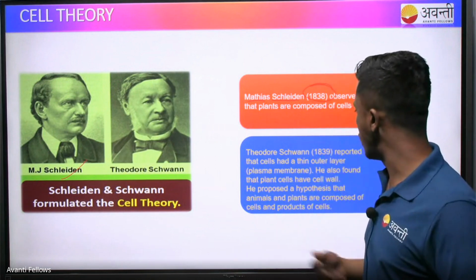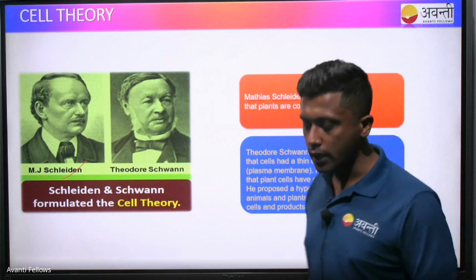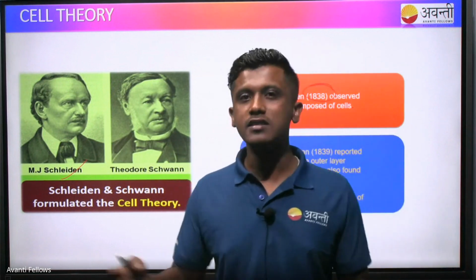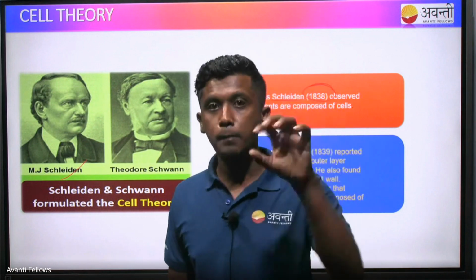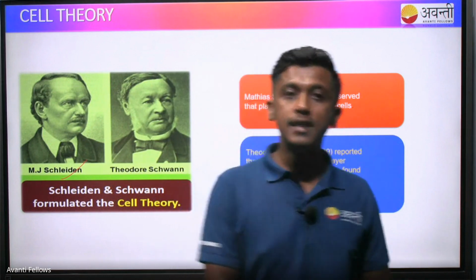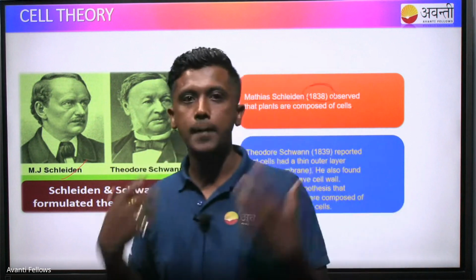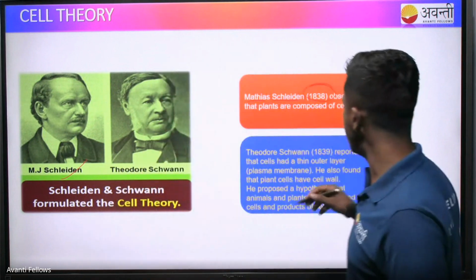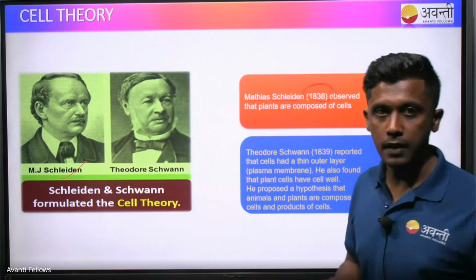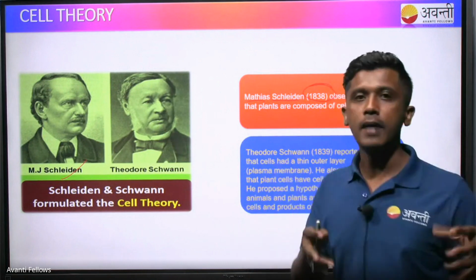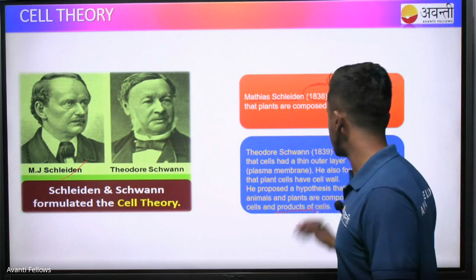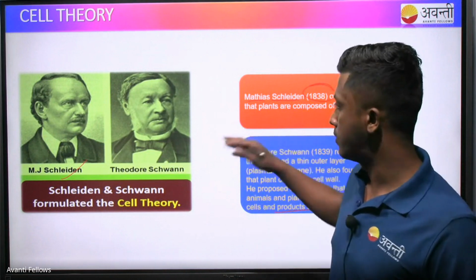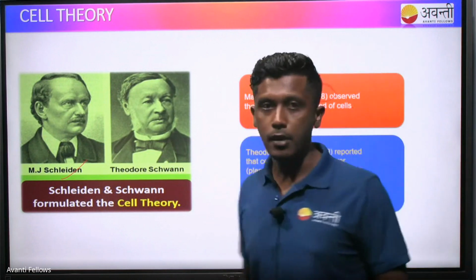What he observed was that in the different specimens he was taking, all of them were composed of cells. So with this, he comes up with a hypothesis: all the living constituents, whether animals or plants, have to be composed of cells or the products of cells. That is the statement Schleiden came up with.